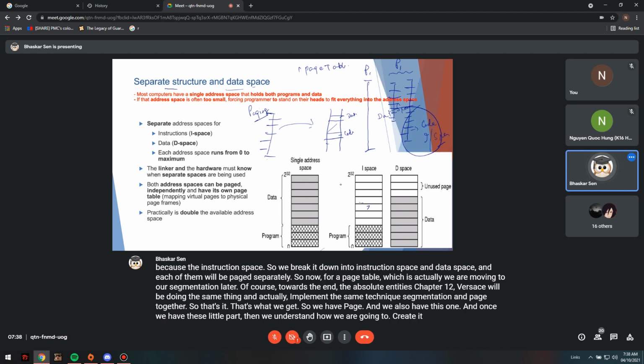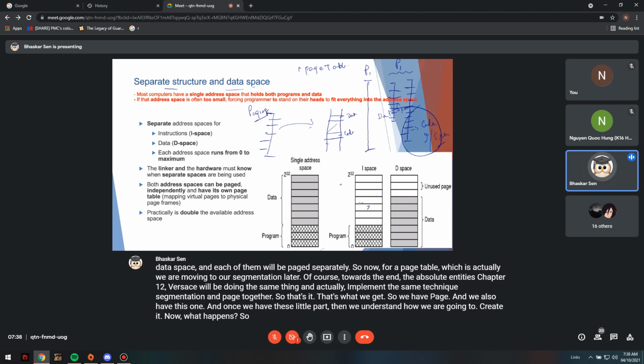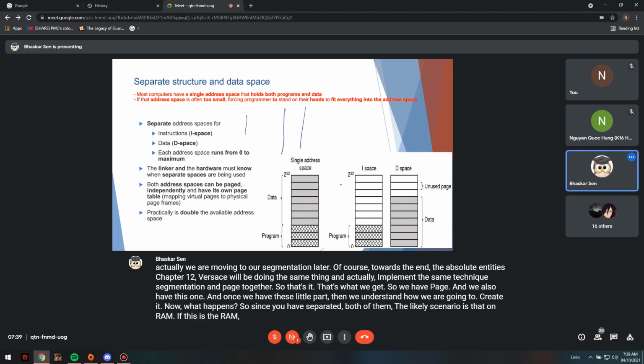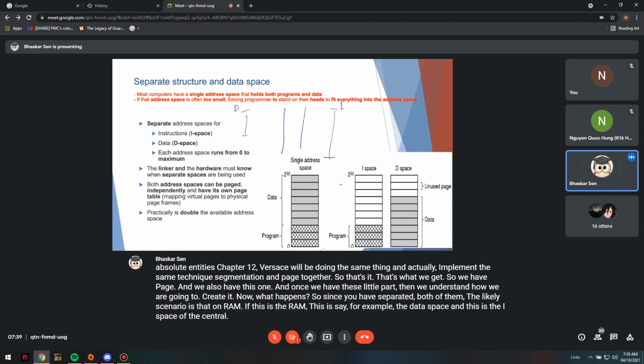Now what happens? Since you have separated both of them, the likely scenario is that on RAM, if this is the RAM, this is, say, for example, the data space, and this is the I space of the same program. Right. So some of the pages will be loaded on RAM.